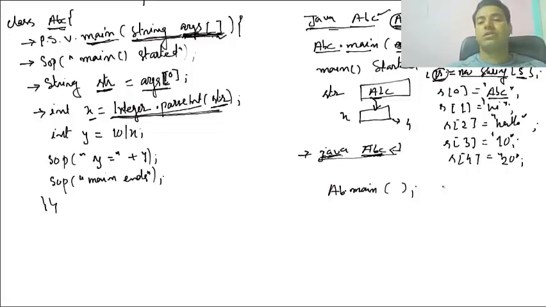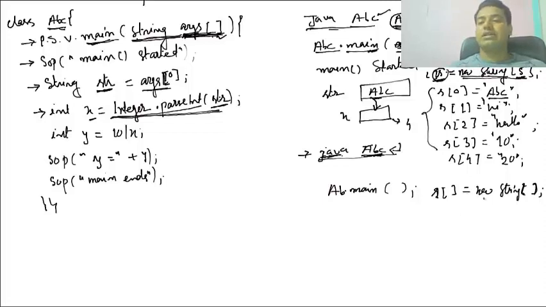So the JVM will again create S, a one-dimensional array with new String of size. What should be the size now? Previously the size was how many elements you provided in the command line argument, that is the size of the created array, and it stores the elements there, and the JVM provides it as an argument when it calls the main method.